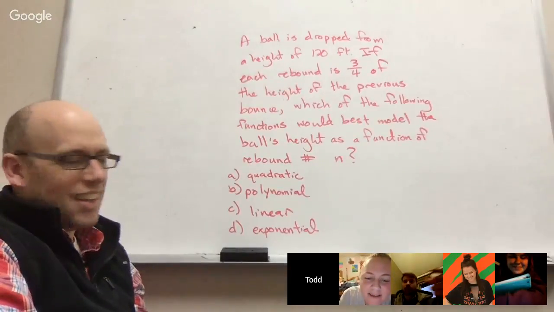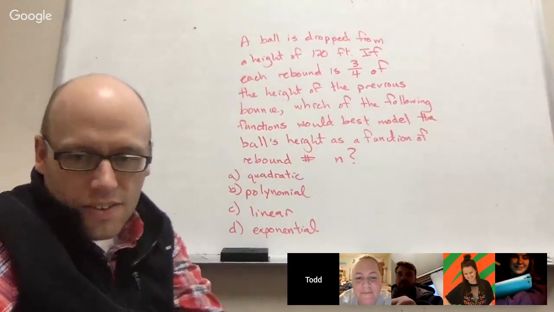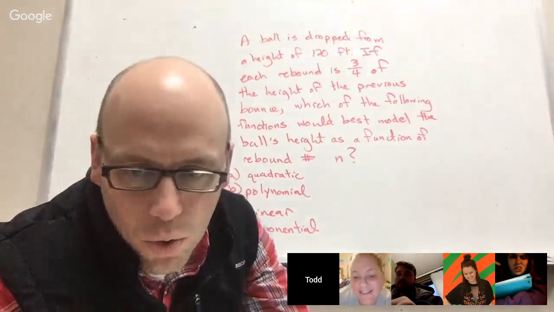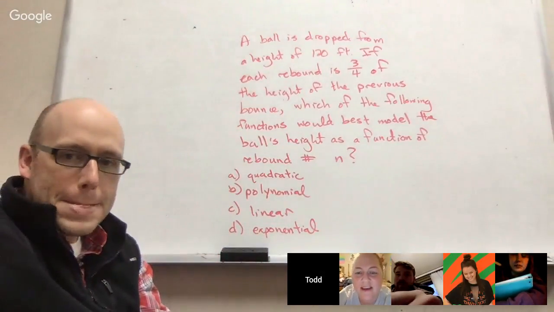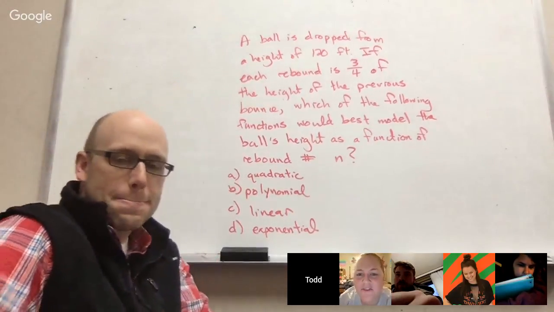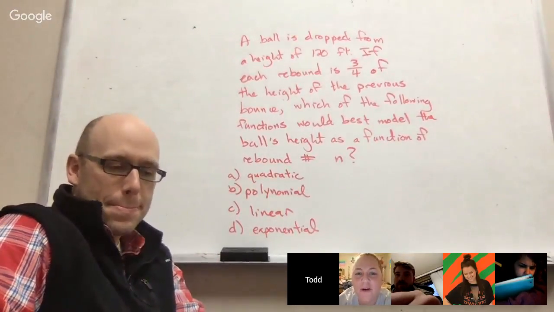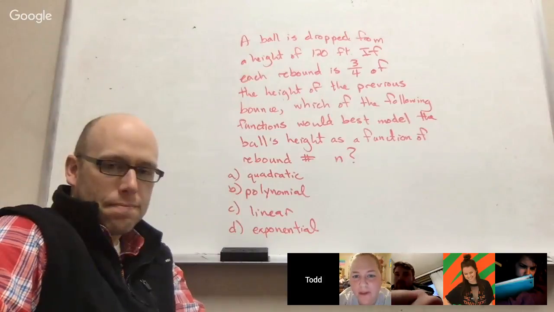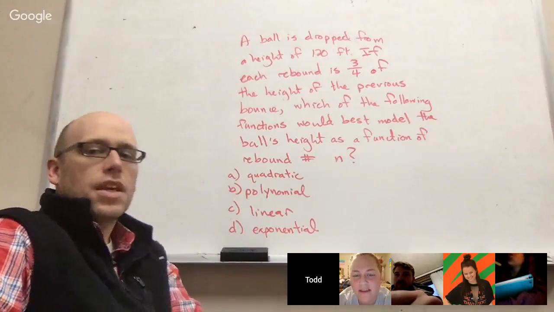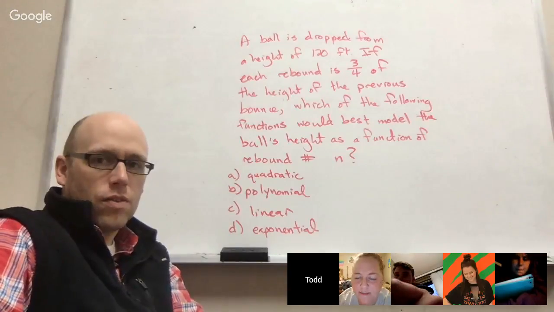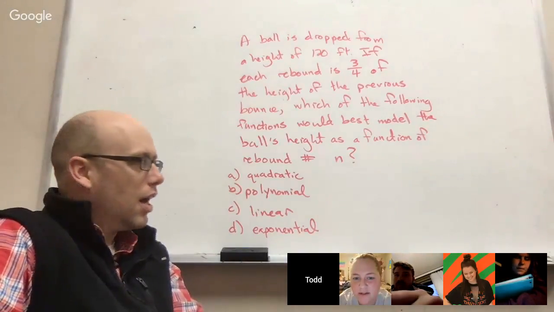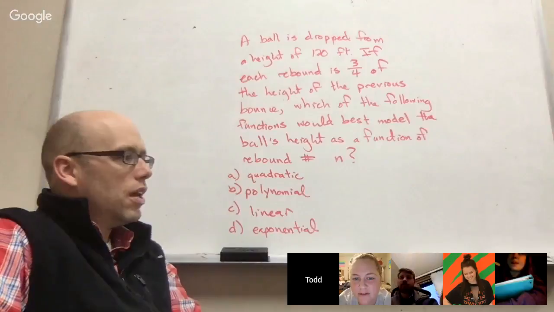A maybe? You think it's A, quadratic? Okay. Why do you think it's quadratic? Honestly, I don't know. I'm thinking of the ball dropping and the effects of the rebound up and then back down, and it would just get smaller. Yeah. So that's a good insight, actually.